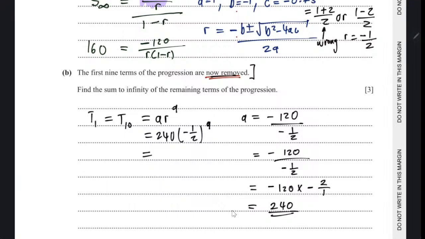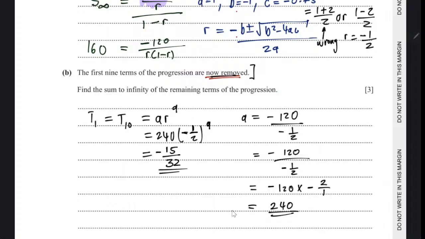Tell me what you get. You say 240 by negative half to the power 9. You got negative 15 over?